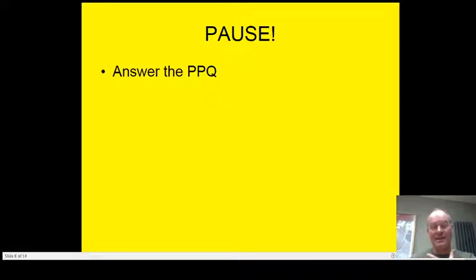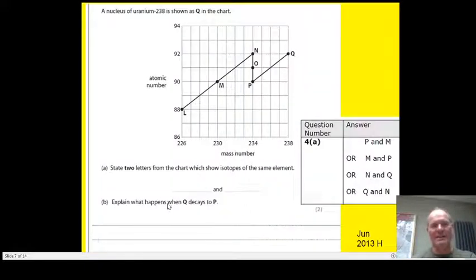Okay, so hopefully you've now had a go at the question, you've written your answers down, you've had a good think about it, maybe looked things up. This isn't a test, it's about learning, so hopefully you've got some answers to look at. If we look at the answers here, it asks for the 2 letters on the chart which show isotopes of the same element. An isotope, by definition, is an element with the same atomic number.